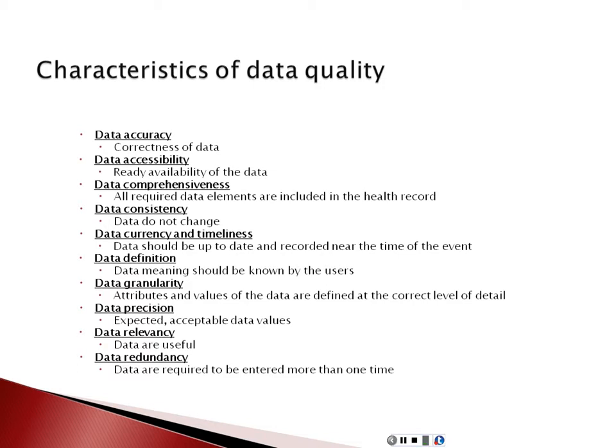But if you put in a value that was 10 digits with no decimal point, that's not an acceptable value for an ICD-9 code. And so that's not precise, it's not a correct value. So hopefully that makes sense, that the data being entered are acceptable values for that data.